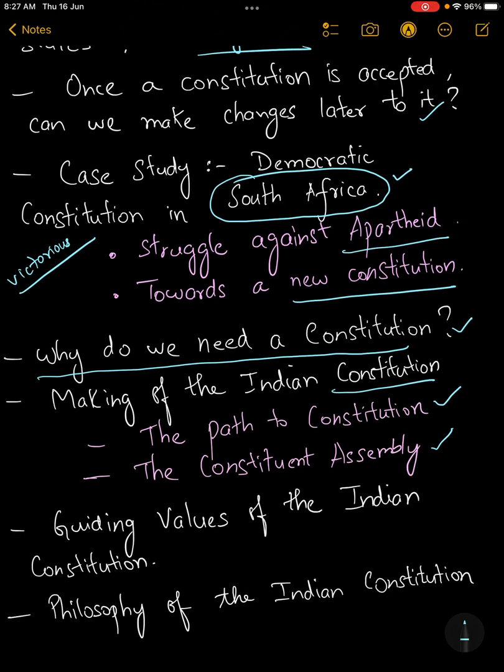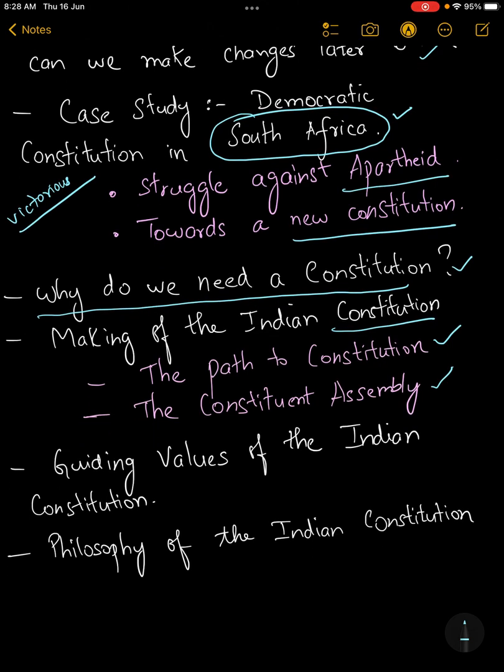So once we are done with the Indian constitution itself, we come to the philosophy and the guiding values of the Indian constitution, right? I would request you to please read your textbook for this, because it essentially comprises certain dialogues and certain excerpts from the written works of Mahatma Gandhi and his views on the constitution, from B.R. Ambedkar and his views on the constitution, and by Jawaharlal Nehru and his tryst with destiny speech, like the super famous speech he made when India became independent.